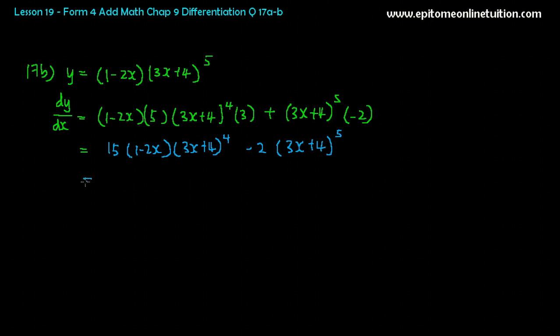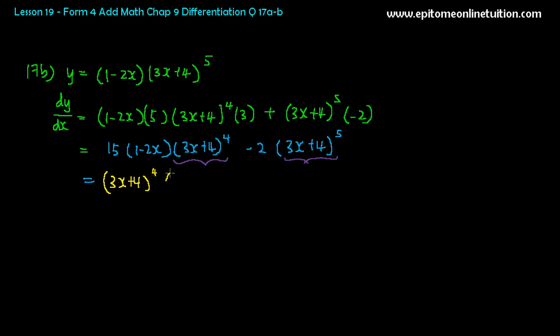Okay, now you can find what you can factorize. Obviously, the only common factor is this, right? (3x + 4), that's your only common factor. So now to factorize, we'll take this out, (3x + 4). You can factorize up to power 4, because that's the most there is in this term.